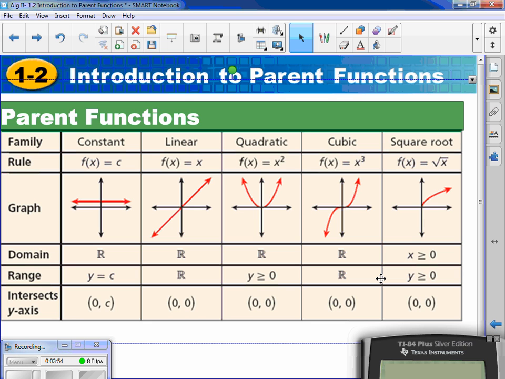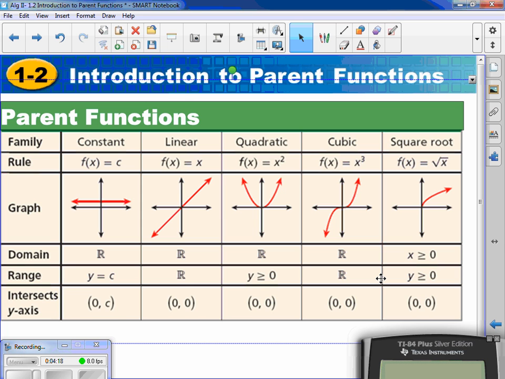What's the square root of 16? 4. 4 times 4 is 16. The square root of 25 is 5. What's the square root of negative 25? 5 times 5 is 25, not negative 5.